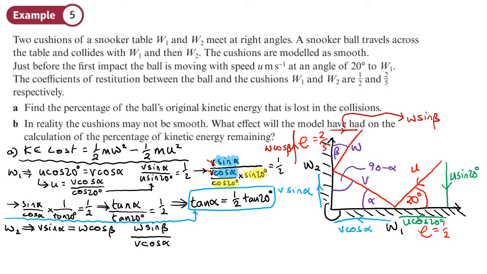That's going to equal the coefficient of restitution for W2, which is 2/5. So next step, I'm going to take this, cross multiply, and I will have 5 W sine beta equals 2 V cos alpha.